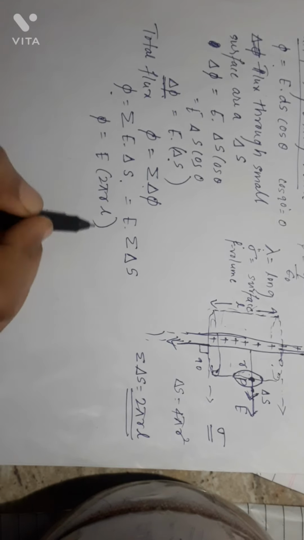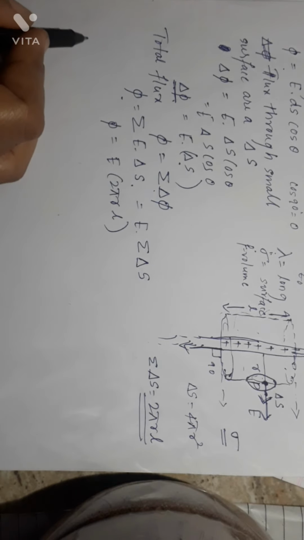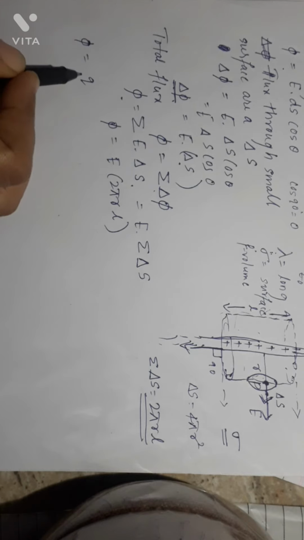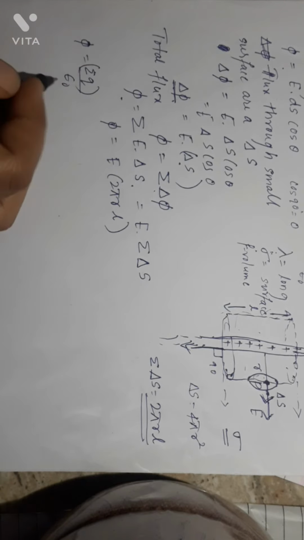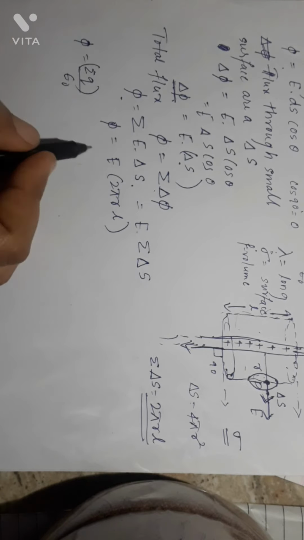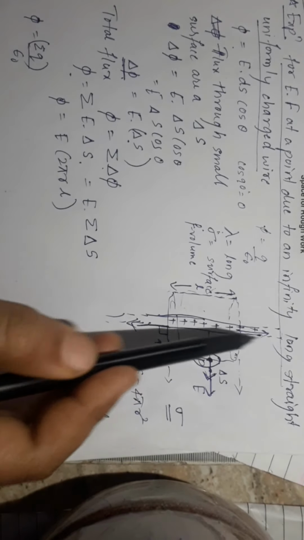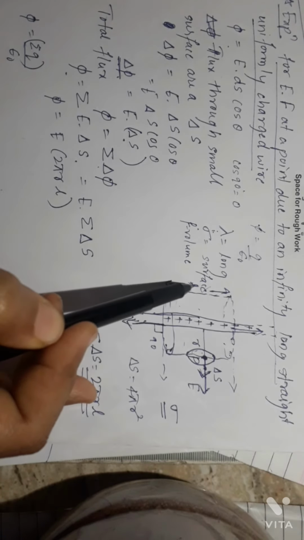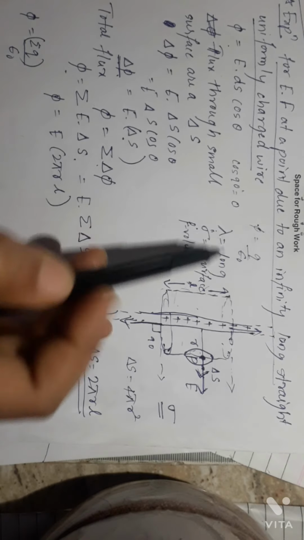This is the flux. Now we apply Gauss law: phi is equal to the total charge enclosed divided by epsilon naught. Here the length of the conductor is given, L, so we take a linear charge density lambda.